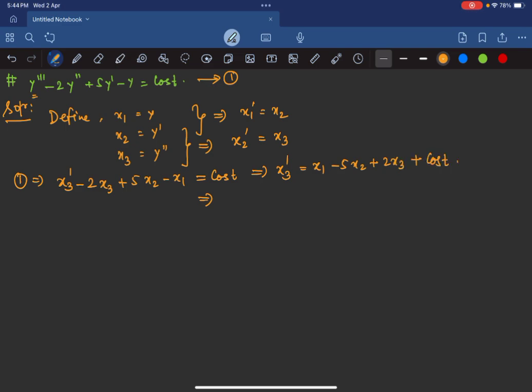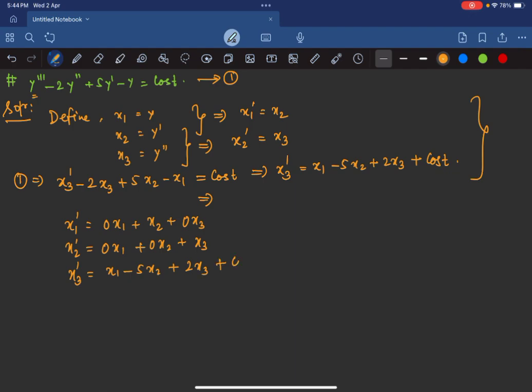Okay, so as a whole, if you want to write this, it is nothing but x1 dash is 0x1 plus x2 plus 0x3. Okay, x2 dash is 0x1 plus 0x2 plus x3. Similarly, x3 dash is the same as x1 minus 5x2 plus 2x3 plus cos t.